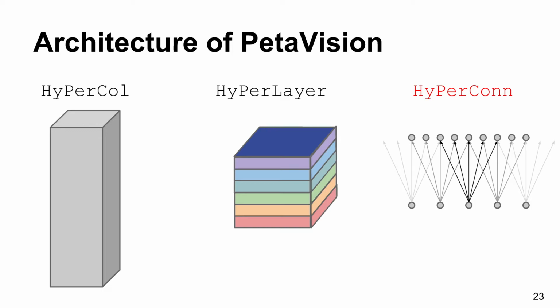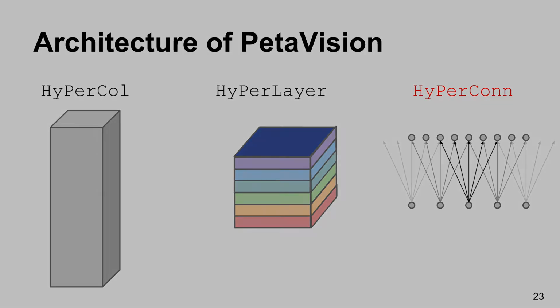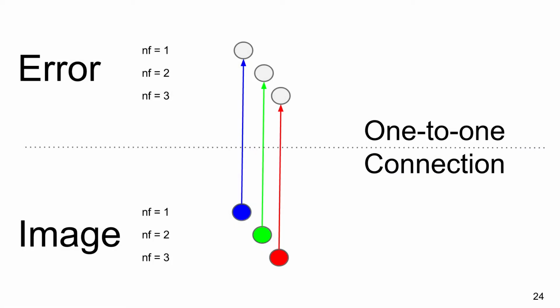That's the point, that we really want a system that can go about learning this stuff. So in a trivial one-to-one example, you have the image matching to the corresponding feature layer in the error, and each of these are mapped at the same XY coordinate in the image.